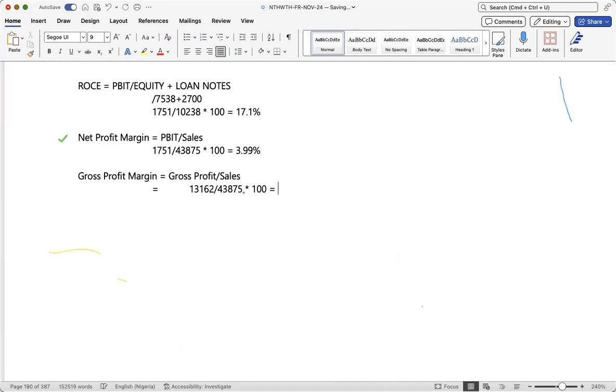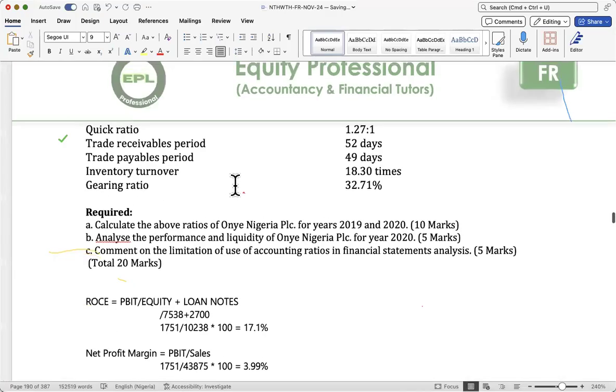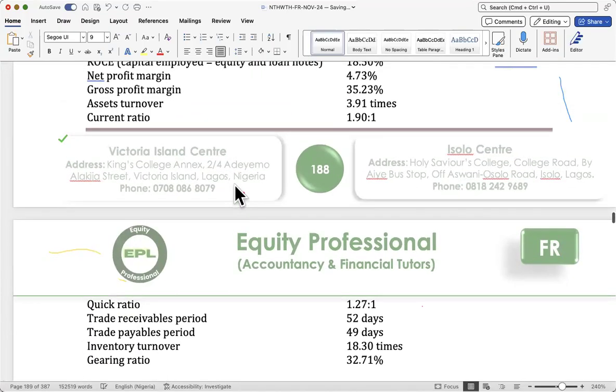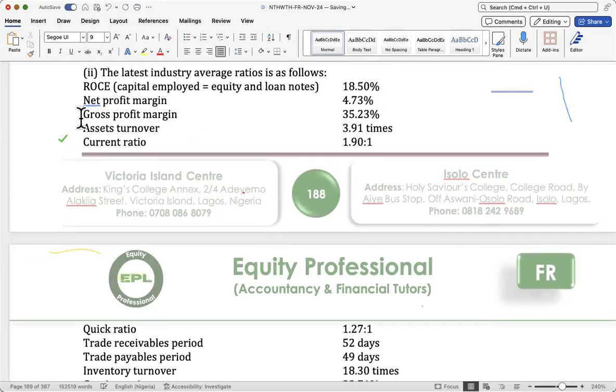Yes, 30%. So that's gross profit margin.